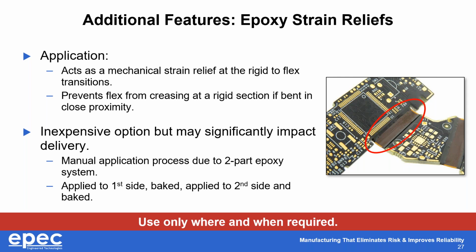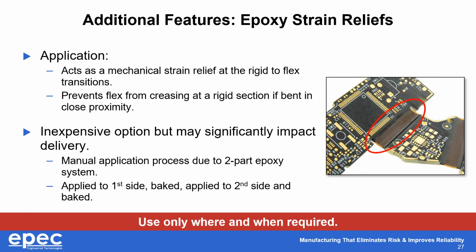We see lots of designs where a customer is stipulating the need for an epoxy strain relief. From our review of the design, we question whether or not it is a necessity. So at that time, we'll have the appropriate discussions with our customer. In many cases, it's not a requirement. It's just a default parameter that they happen to include in the design.